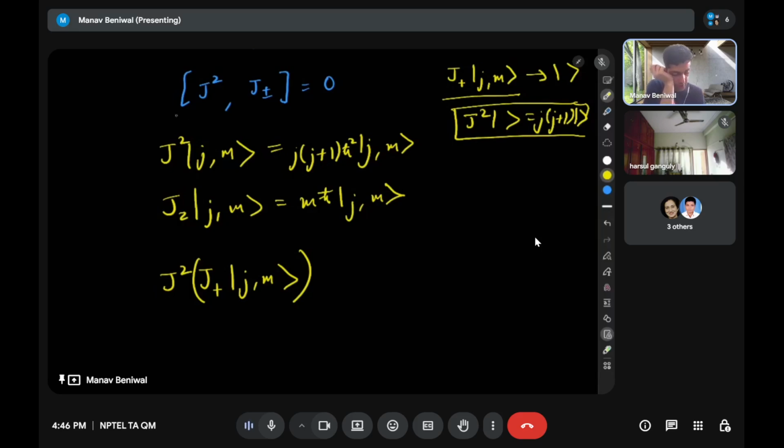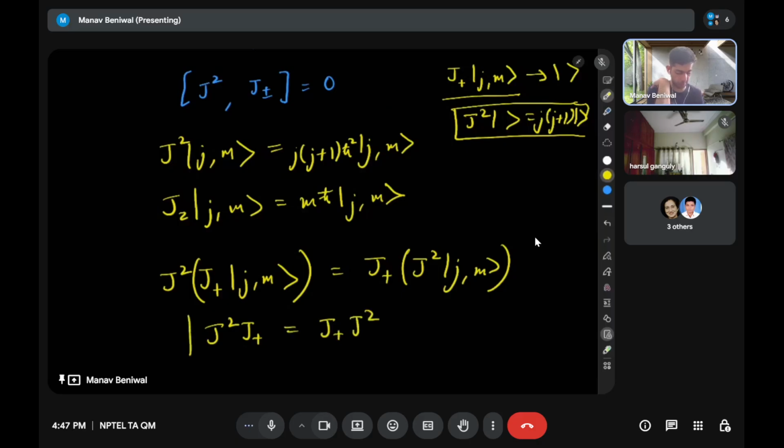Because we know that j squared and j plus commute, I can write this as j plus j squared acting on j comma m. Why? Because they commute, so j squared j plus is equal to j plus j squared. Using this relation, I have written the left hand side as the right hand side.